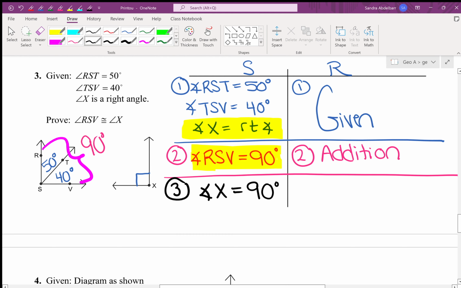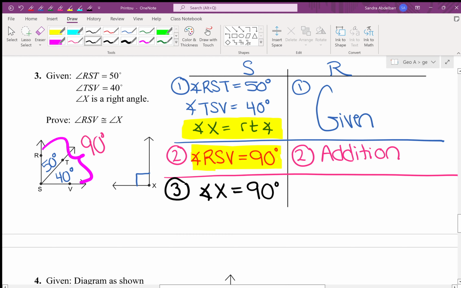Mariana? Right angles are equal to 90. Good. What is that? Well, yes, but in general, what is that? Right angles have a measure of 90 degrees. What is that? Not an assumption. No, we only assume straight angles. That's a fact.